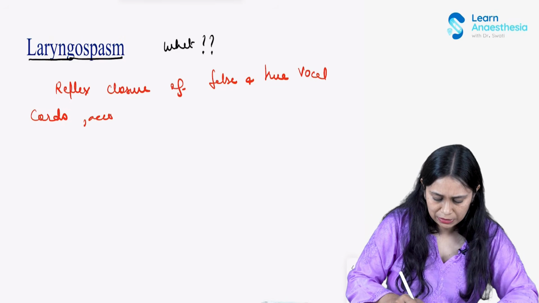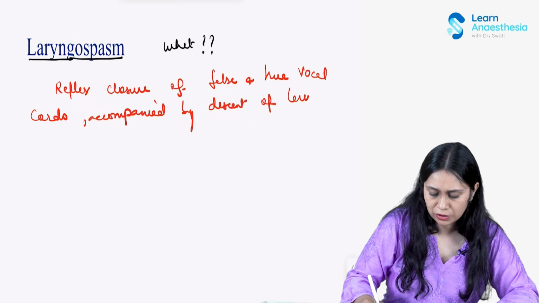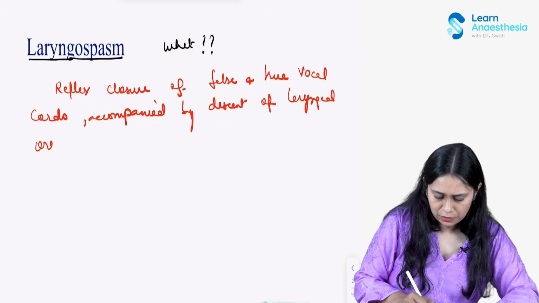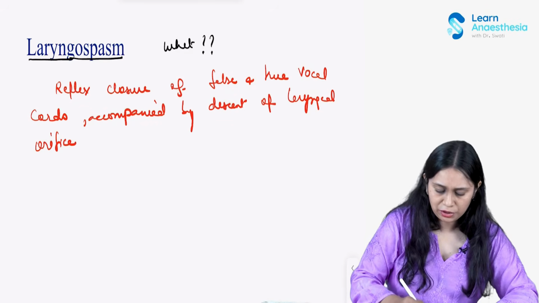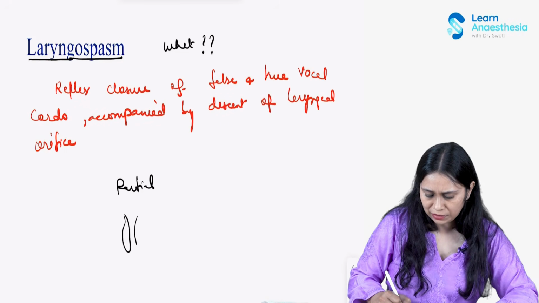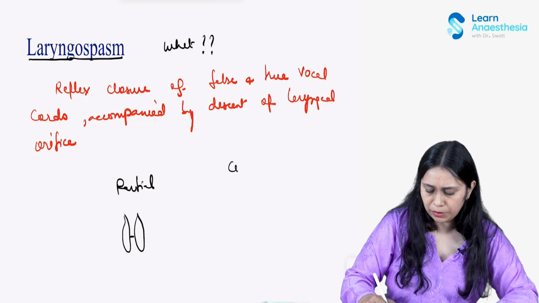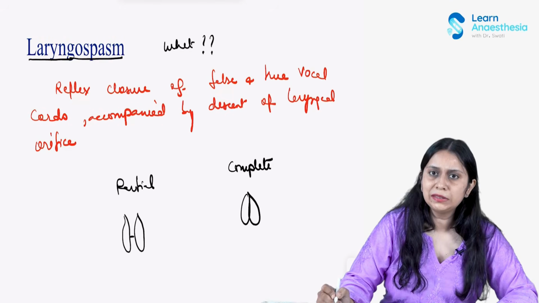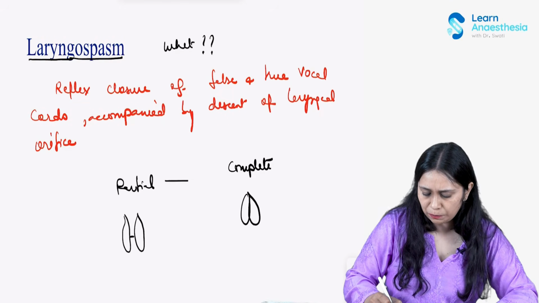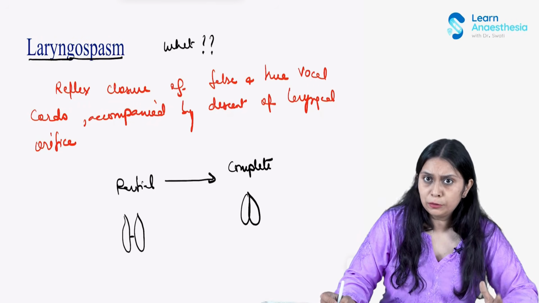It can be partial, in which there is an approximation of the vocal cords, but complete closure has not happened, or it could be complete. In complete laryngospasm, the complete closure of the vocal cord is seen, right? And anytime the partial laryngospasm can get converted into complete if we don't escalate our management. So we have to be very careful.